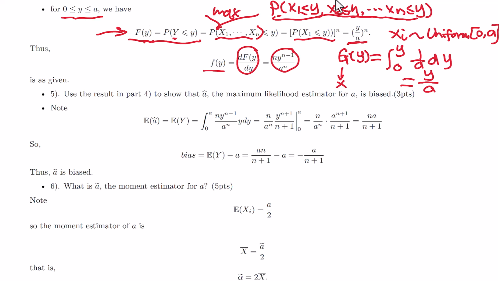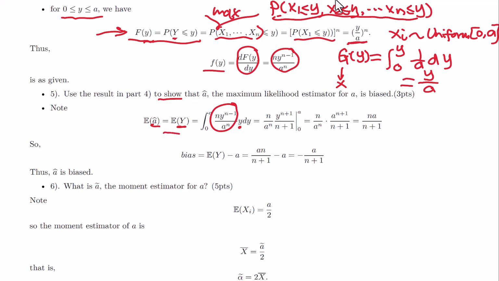After we have the density function for Y, we can show that a hat, the maximum likelihood estimator for a, is biased, because a hat is the same as capital Y. Both are the max of Xi. Here is the density function, and here is y.